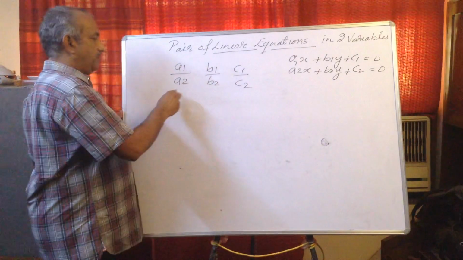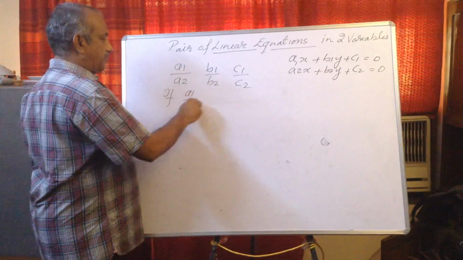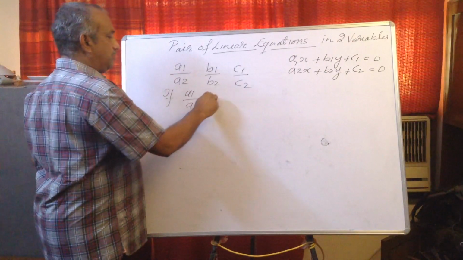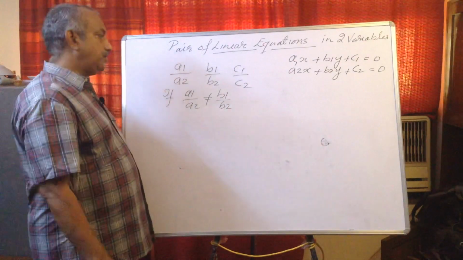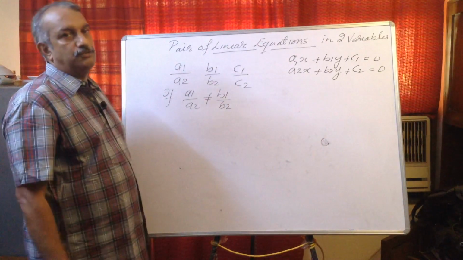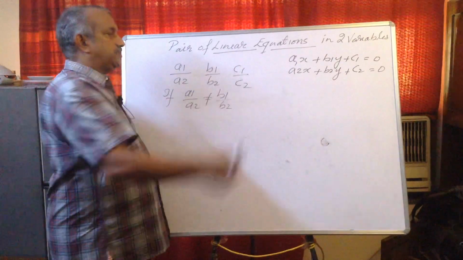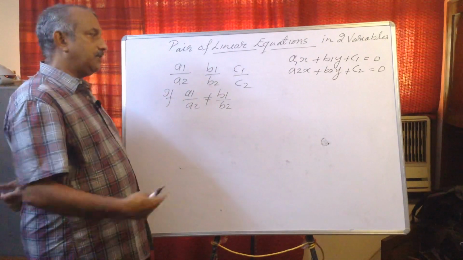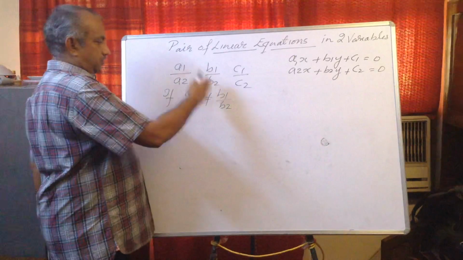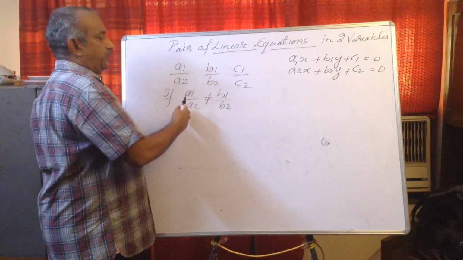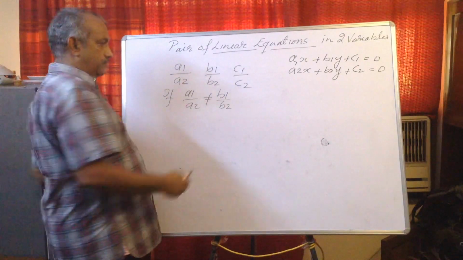First of all, if a1 upon a2 is not equal to b1 upon b2, in this case we don't need to compare with c1 upon c2. In all cases, you only have to see whether a1 upon a2 is equal to b1 upon b2.